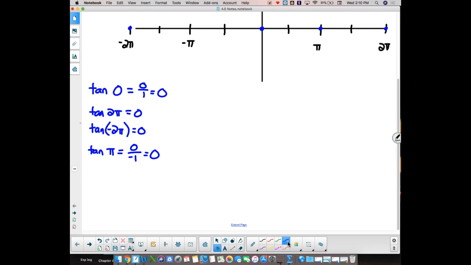Because again, if I go in the positive pi direction, if I go up counterclockwise to pi, that's the same as going in the negative direction down counterclockwise to pi. So the tangent of negative pi is also 0. Okay, getting closer. So we got the pi's. We're good there. Let's try these middle ones, these pi over 2's.